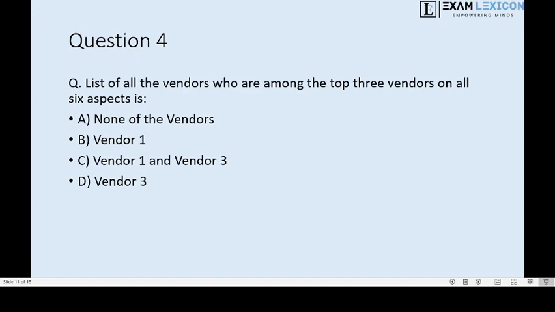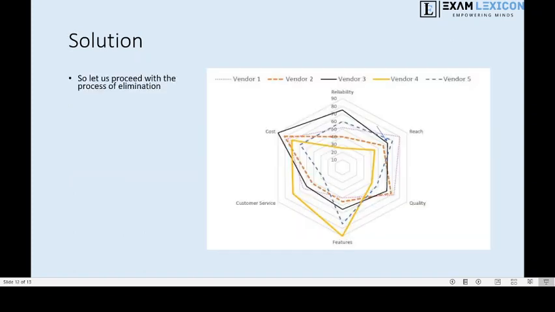First is none of the vendors, second is vendor 1, option C is vendor 1 and vendor 3, and option D is vendor 3. So if we can eliminate vendor 1 and vendor 3, we automatically have the answer as option A. So we don't need to calculate it for vendor 2, 4 and 5. Okay, so let us proceed with the process of elimination.